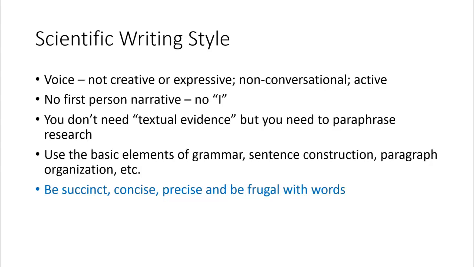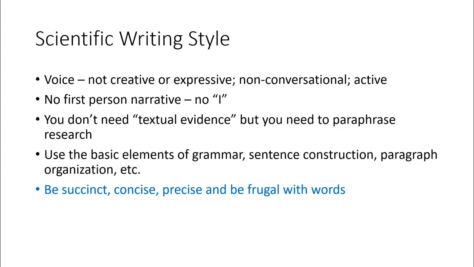But in this case, you'll be using and paraphrasing research from empirical papers in order to provide support for your main points. Of course, you'll use the basic elements of grammar, sentence construction, paragraph organization, etc., just like you would in any writing assignment or writing task.